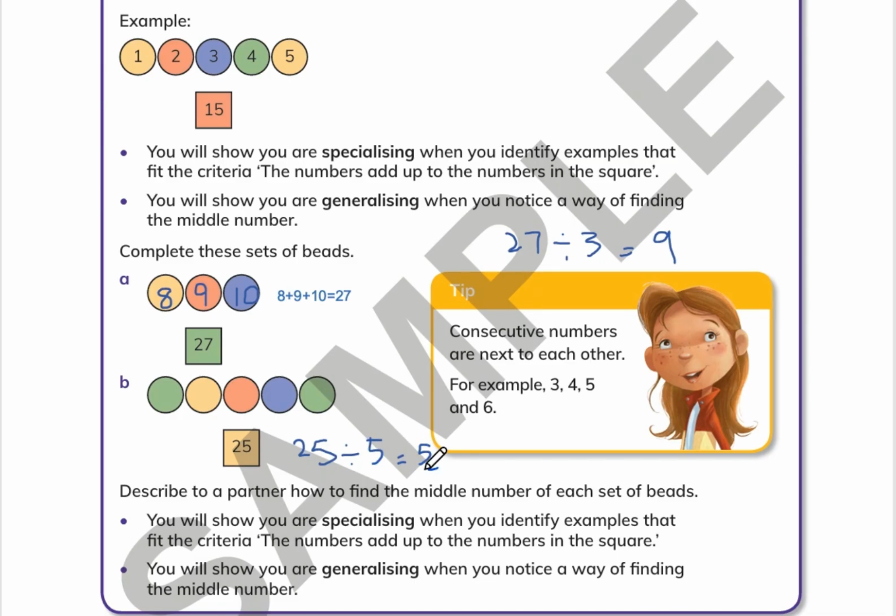So this 5 we will write in the middle. Now we will write the consecutive numbers. You can again add all these numbers, 3 plus 4 plus 5 plus 6 plus 7, and you will see that the sum of these numbers will be 25.